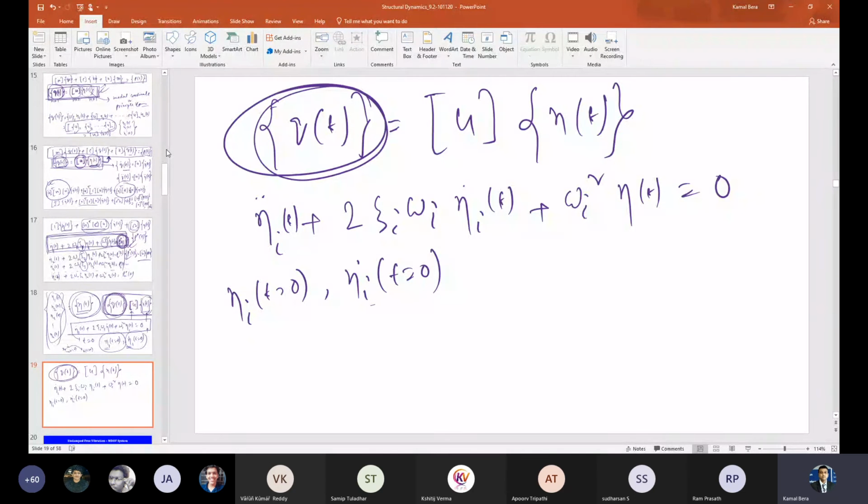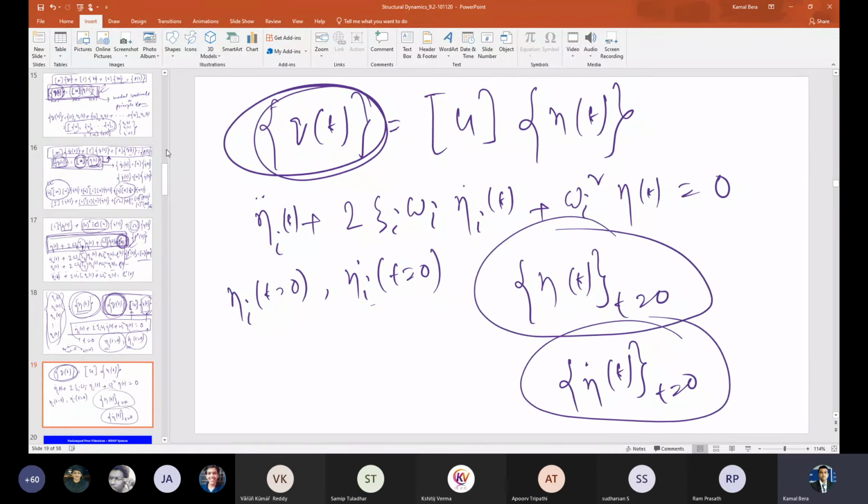So how to get eta(t)? Basically I need the vector eta at t equal to 0 and the vector eta dot at time t equal to 0 to solve the equation. But my initial condition will be specified as q at time t equal to 0 and q dot at time t equal to 0.